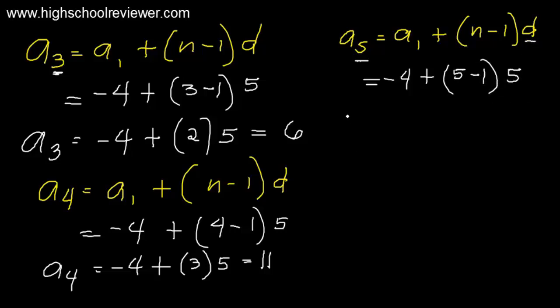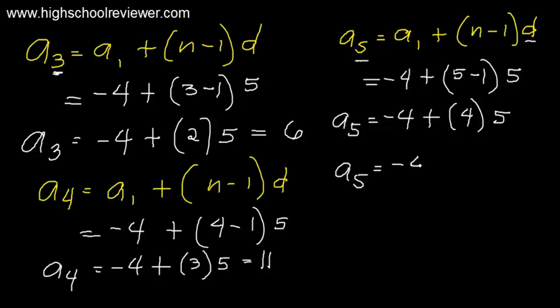Okay, so our a sub 5 will be equal to negative 4 plus 5 minus 1, that is 4 times 5. So a sub 5 will be equal to negative 4 plus 4 times 5, that is 20. So this will be positive 16. Okay, so therefore our a sub 5 is positive 16. And these are our final answers.